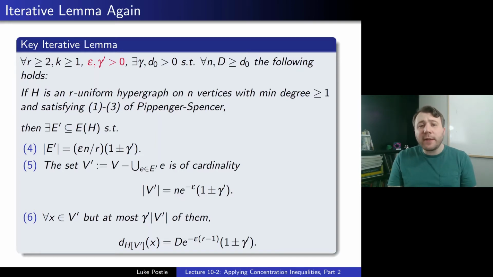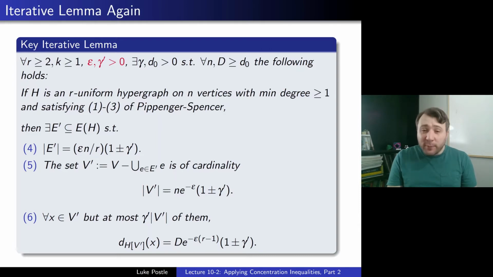So the idea is if we pick randomly these edges to use in our cover, but we make the activation probability small enough that the number of edges will be about what you expect, so that's what 4 is saying, and that 5, that you cover about what you expect, and those numbers end up meaning that there isn't a lot of overlap on that set.